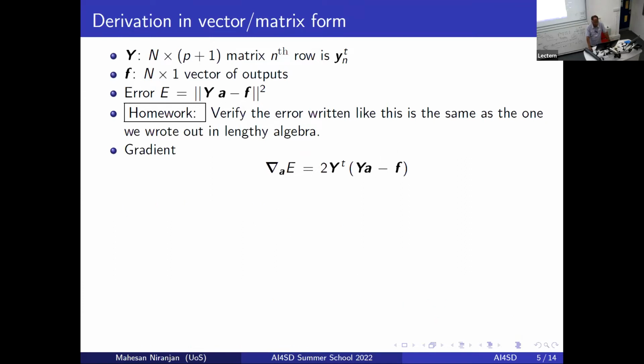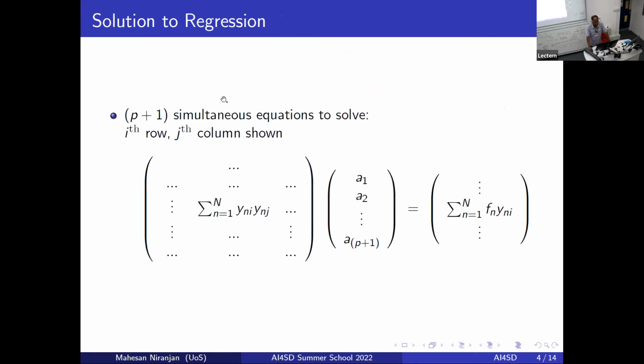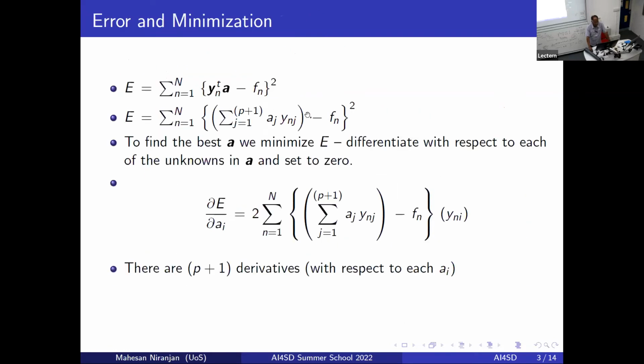That's easier if you look at the longhand form. So look at this longhand form in the second line here. This is the error. The error is coming as a result of the dot product between the unknowns and the data, take away the target, squared. This error as a function of the unknowns A is quadratic, because the largest power to which A is raised is 2.